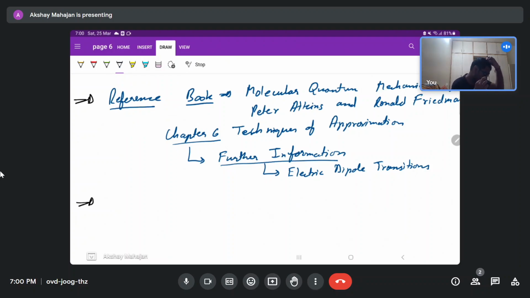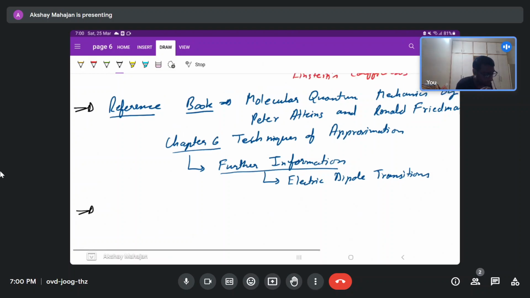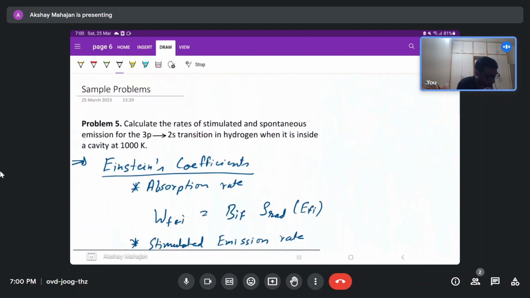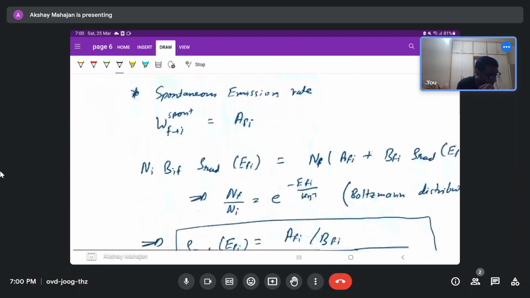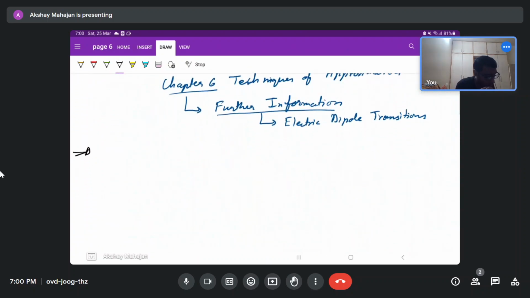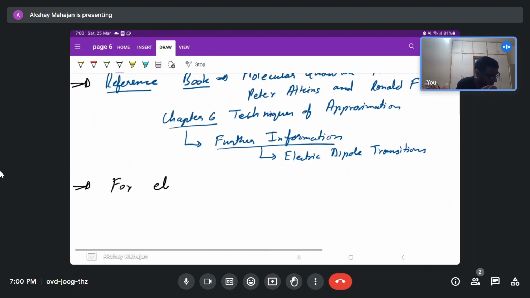For this problem, we need to find the rate of stimulated emission for a transition from the 3p orbital to the 2s orbital. These kinds of transitions are electric dipole transitions, and that's why I'm referring to this section in the chapter of this book.